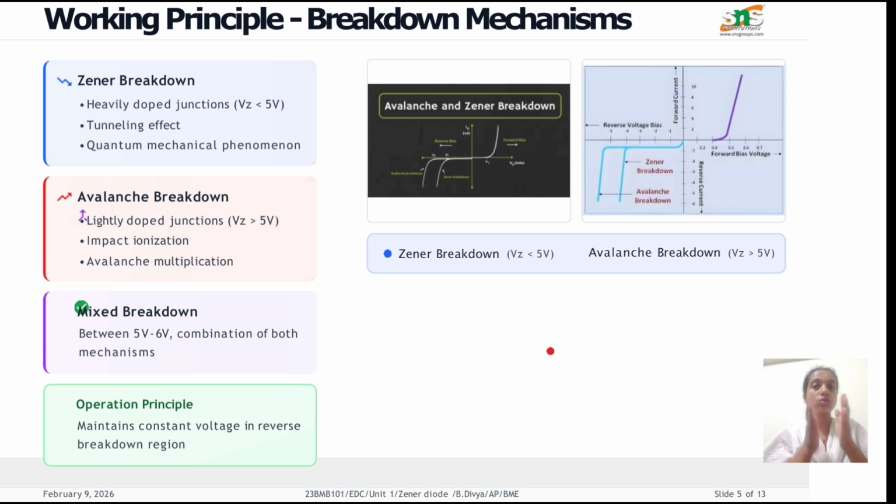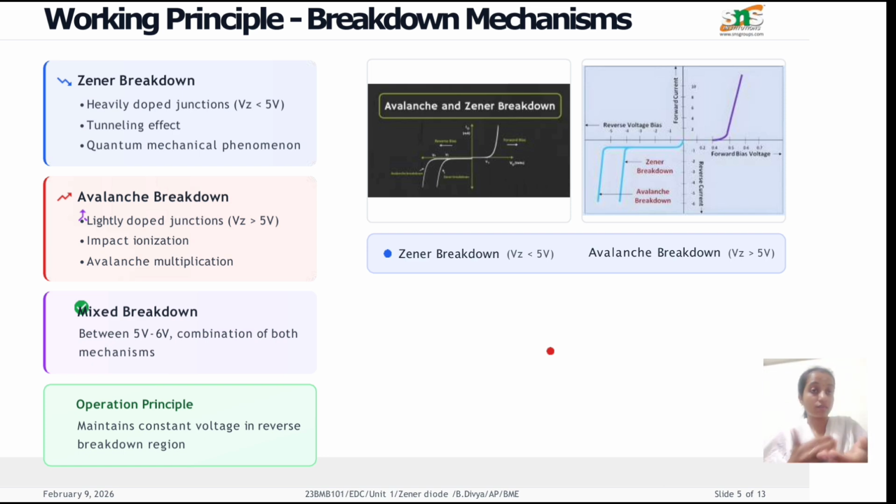The Zener voltage will be 0.6 until it reaches that, and this Zener diode will work in avalanche breakdown. Here we have mentioned it, avalanche breakdown, where the Zener voltage is less than 5, and the voltage and the current increase by a minimum value.